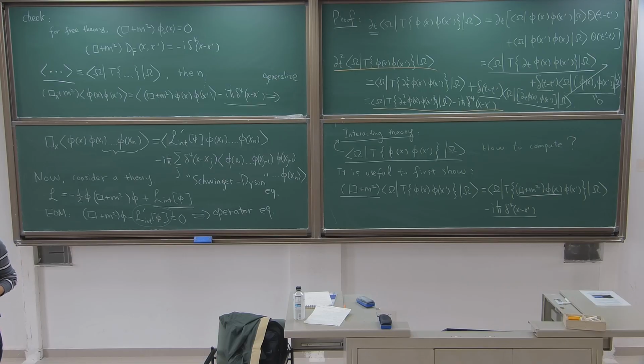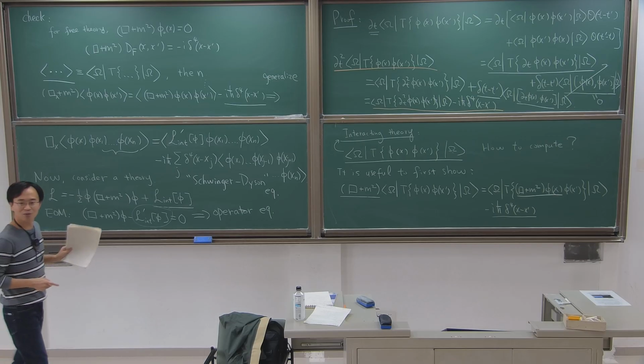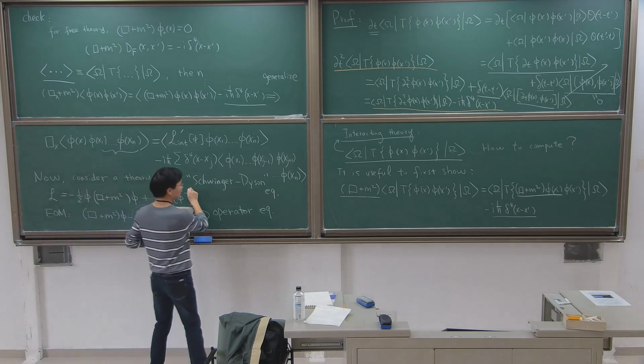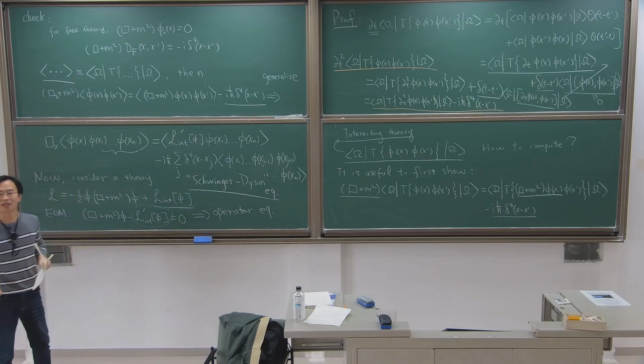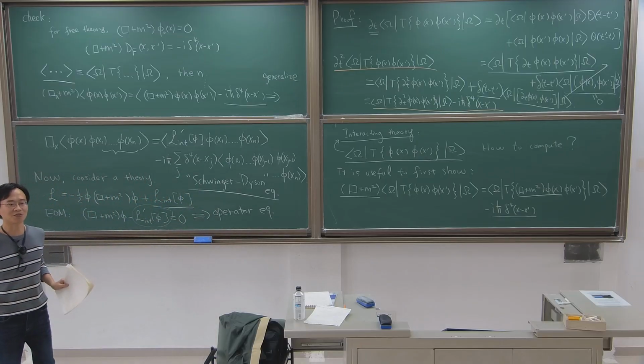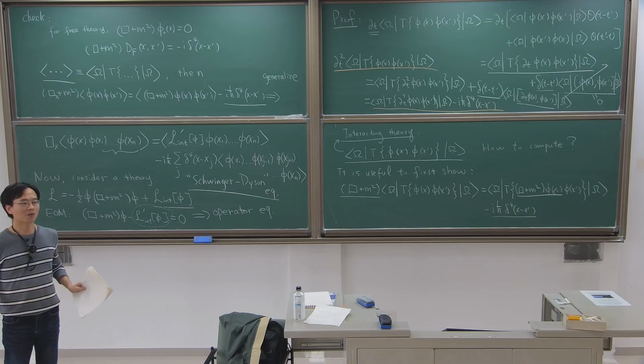As we will soon realize, to exactly solve our interacting theory is extremely hard, and mostly we just do some perturbative expansion. But the point is, up to the step where we obtain the Schwinger-Dyson equation, everything is non-perturbative. There is no perturbative expansion, everything is exact.